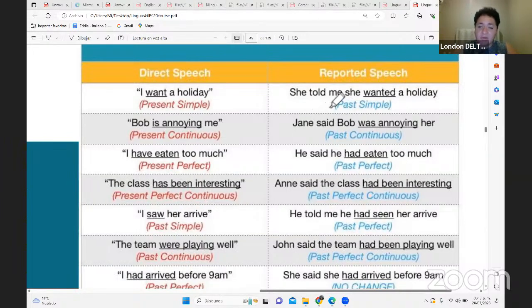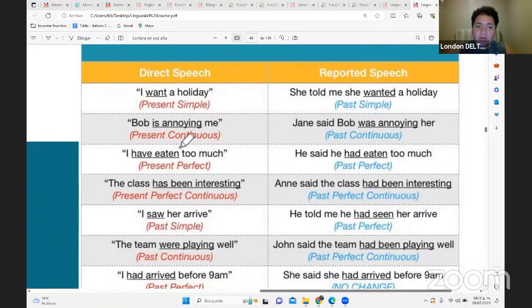In this case, let's say that she, Mariana, is talking to Carlos, right? So she told me, right? My name is Carlos. She told me she wanted a holiday. As you can see, we have I want a holiday. The original sentence is the present simple, but when we use reported speech, the sentence becomes the simple past.